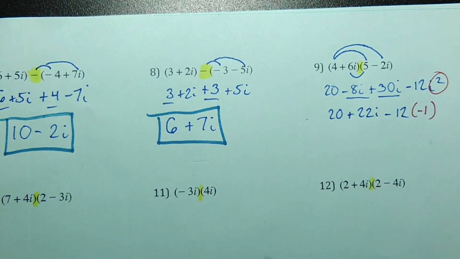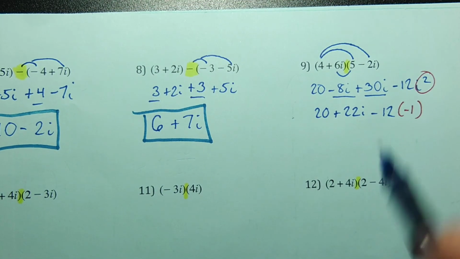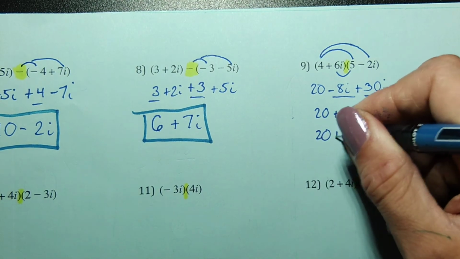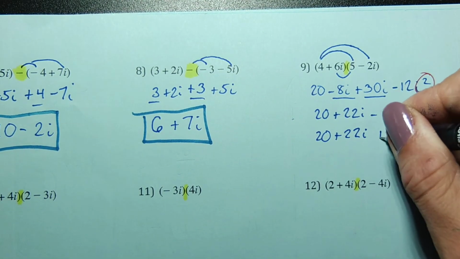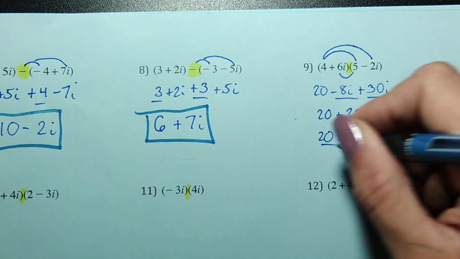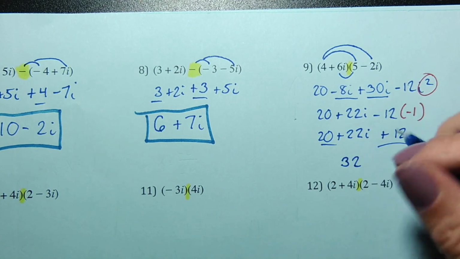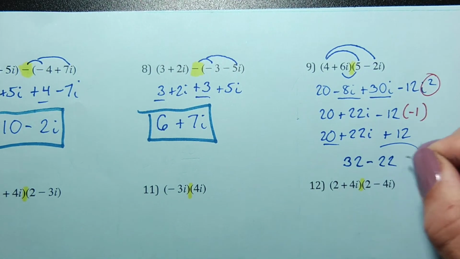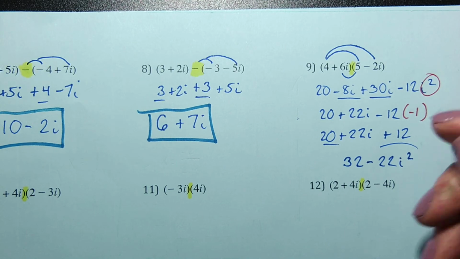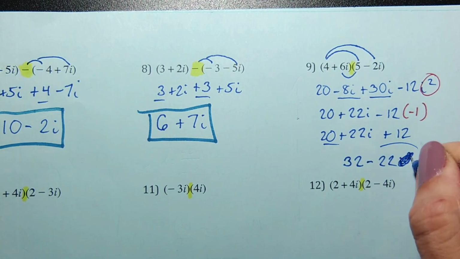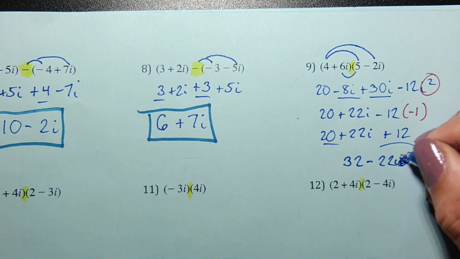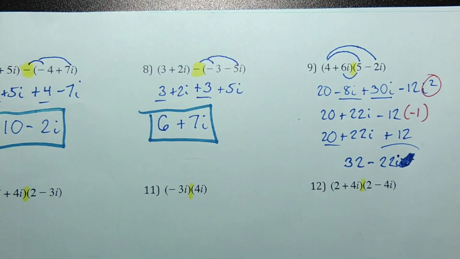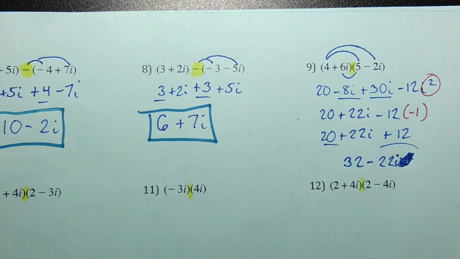Remembering that anytime you have an i squared, there's always implied multiplication going on there. 32 minus 22i.